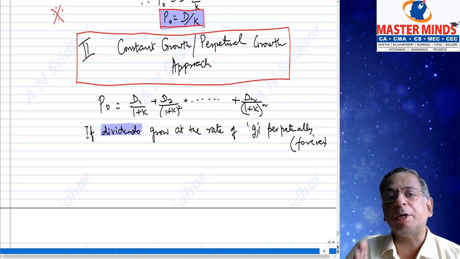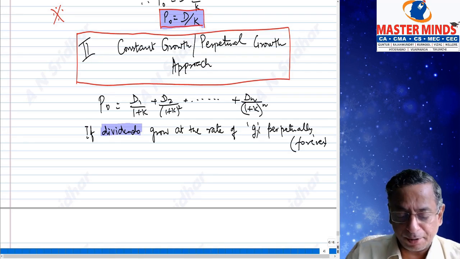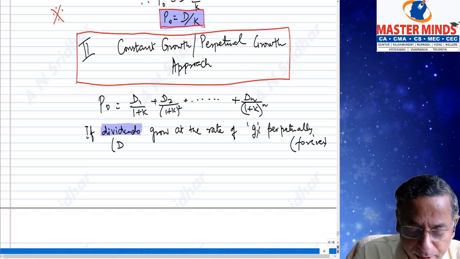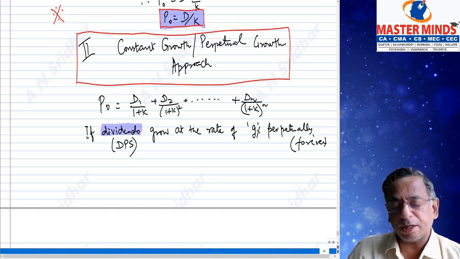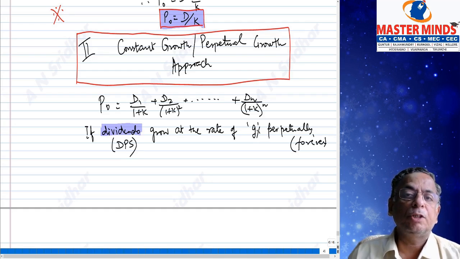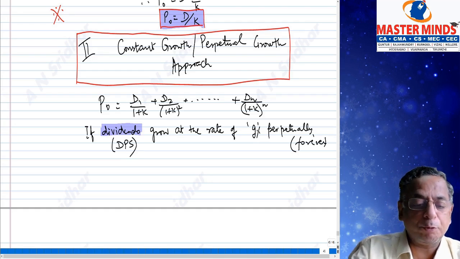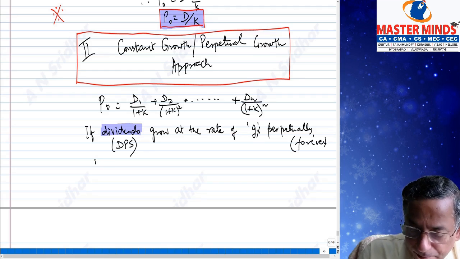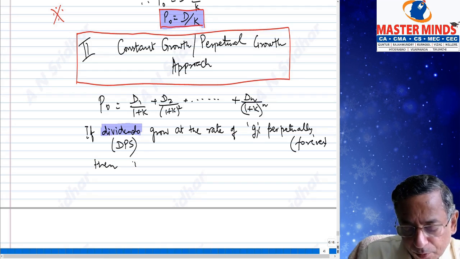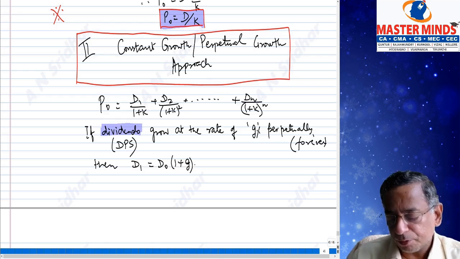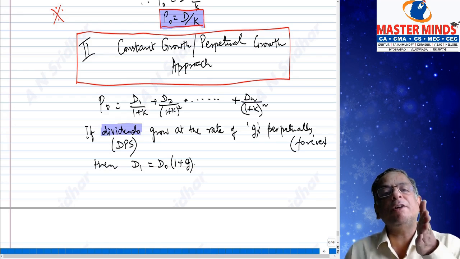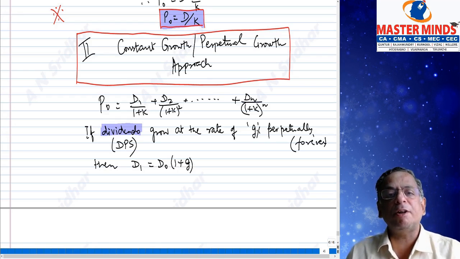When I say dividend, it is DPS, dividend per share, which we call D. So then what will happen? D1 will be D0 into 1 plus G. D0 is dividend given today. What will be next year dividend? Increase of G%.